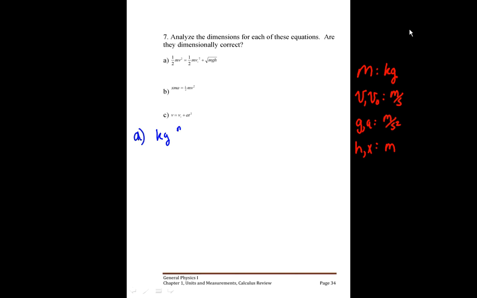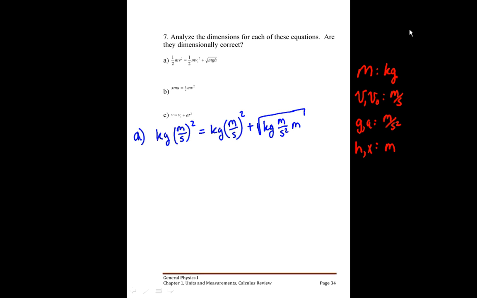V is meters per second, but notice that that's squared, equals kilograms, meters per second, but notice that quantity is squared, plus the square root of M, which is kilograms, G, which is meters per second squared, and H, which is meters. So all I've done is I've replaced each variable with its units.